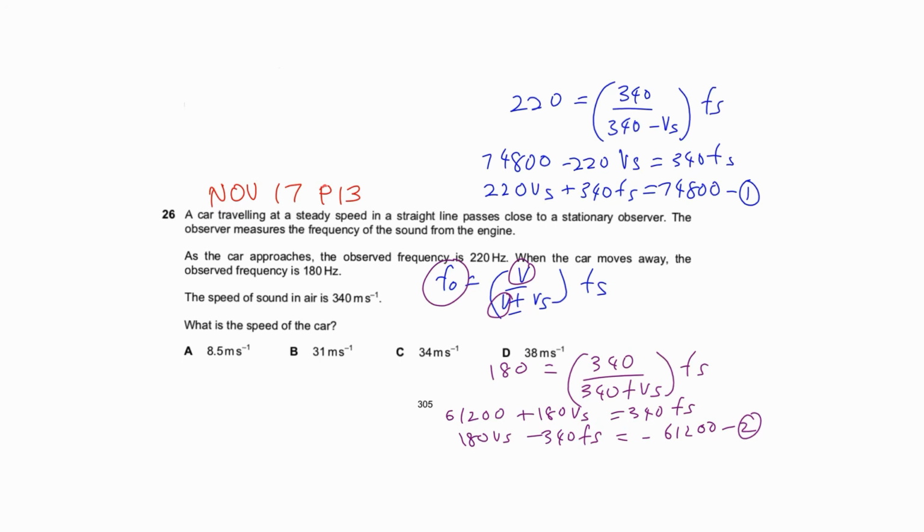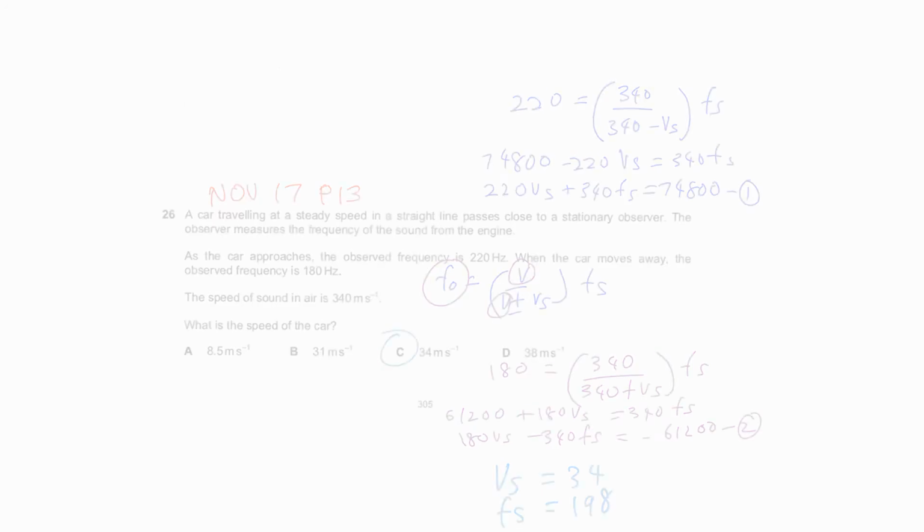At the same time, you substitute the lower frequency and you must use plus here. Then again, you cross multiply and find the second equation. So you solve these two equations simultaneously using your calculator, and you'll be able to get the Vs and the Fs. You will get Vs as 34, and Fs as 198. So since we are finding the speed of the car, it is 34.